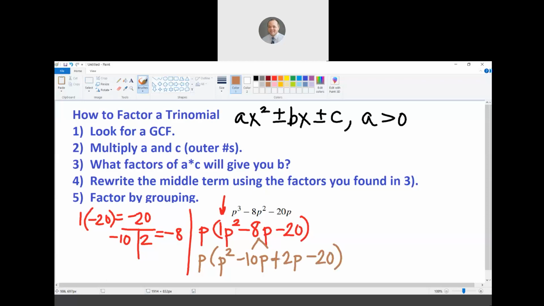Last step, factor by grouping. So we'll group the first two terms and the last two terms and take out each GCF.